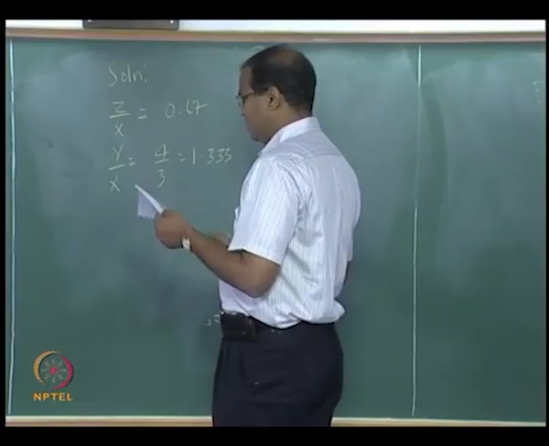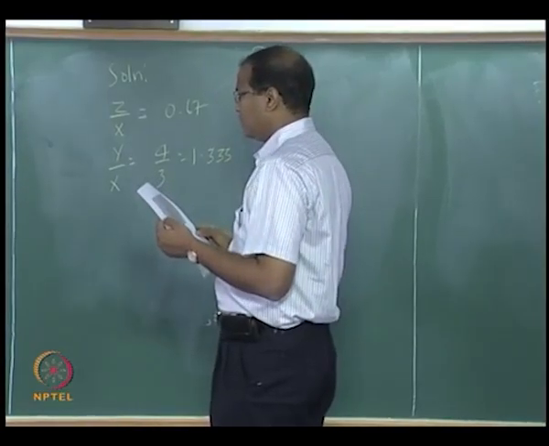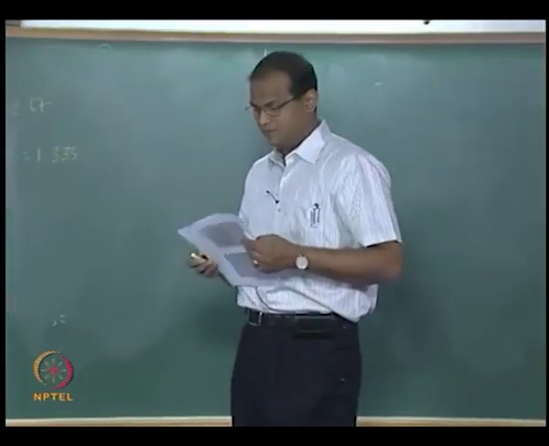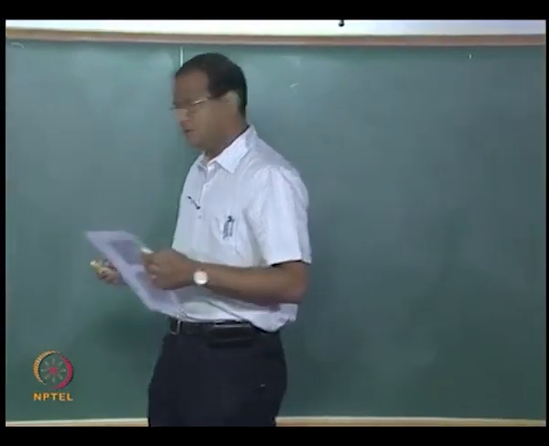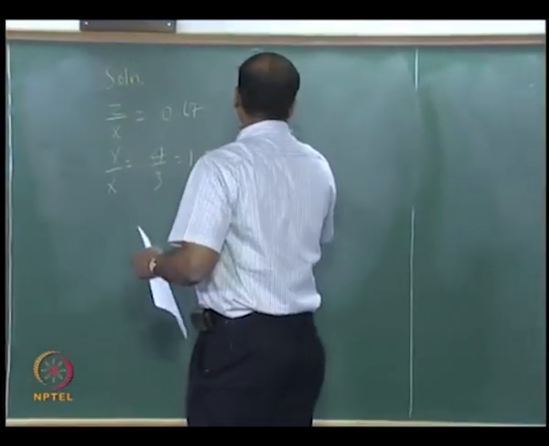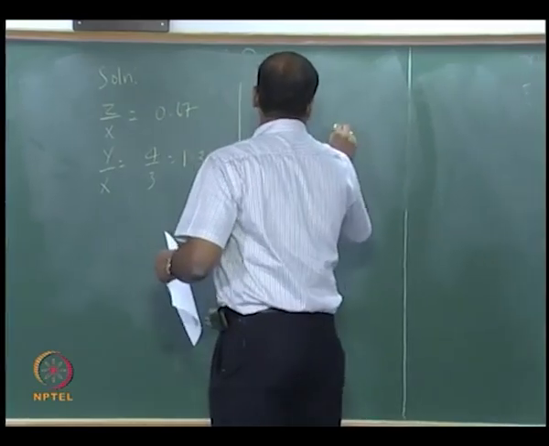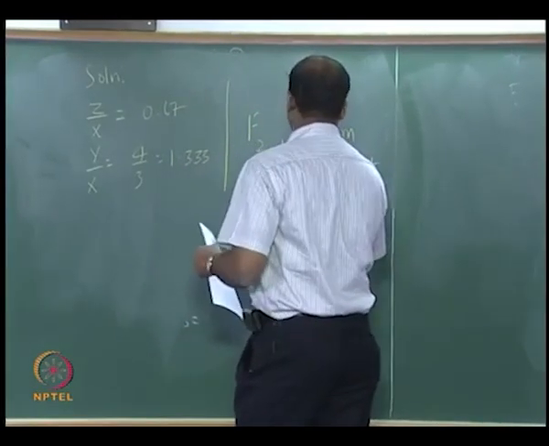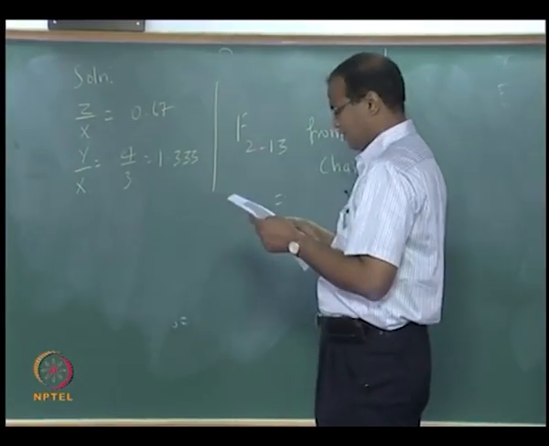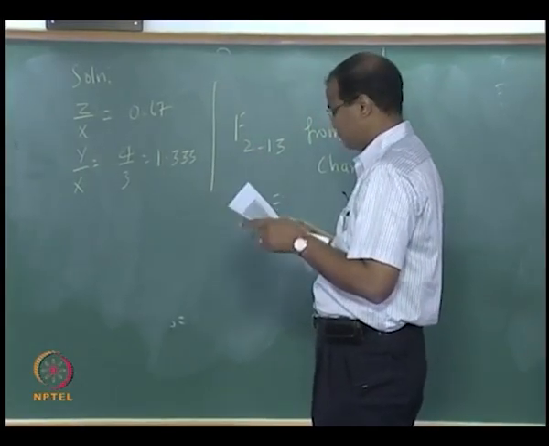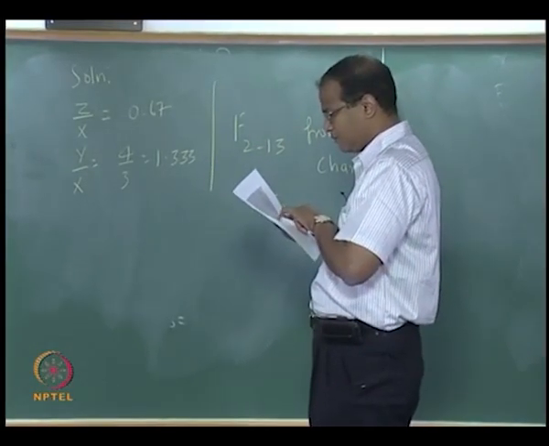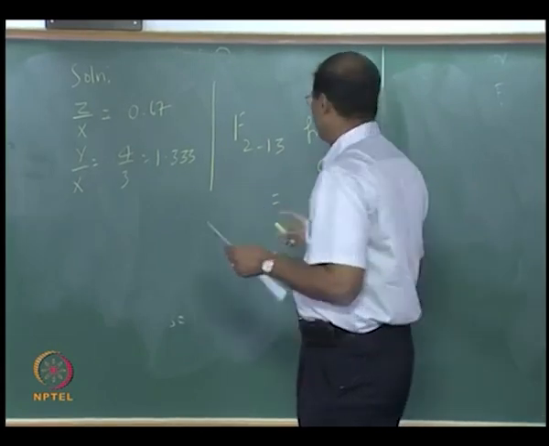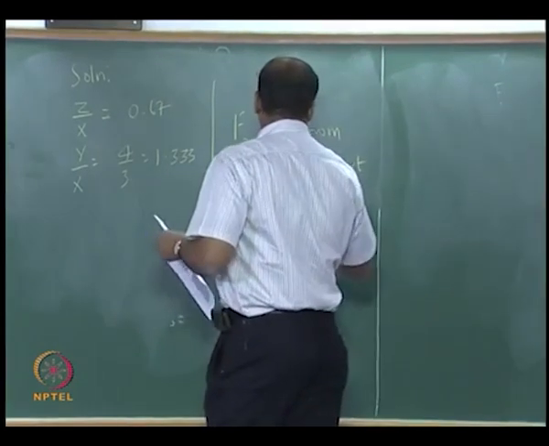Now Fij will be F2 to 13, correct? What is the value? 0.1, okay. Did everybody get this?